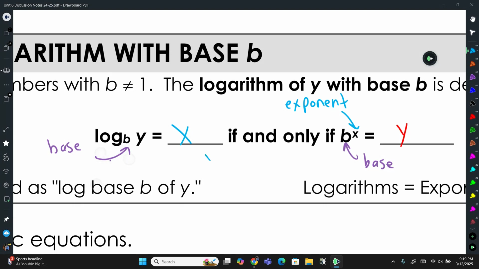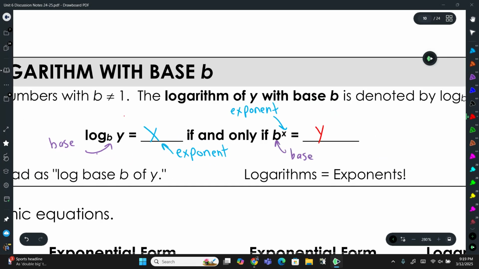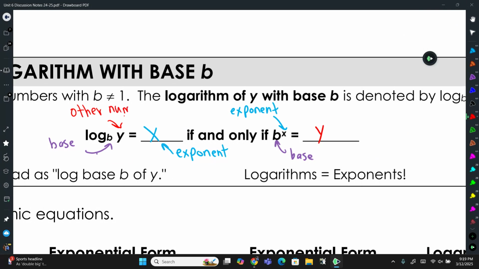In the other form, the logarithm equals whatever the exponent is. Now this y, I just call that the other number. There's probably a more precise word for it, but it's easier to just think of it as the other number that we have.